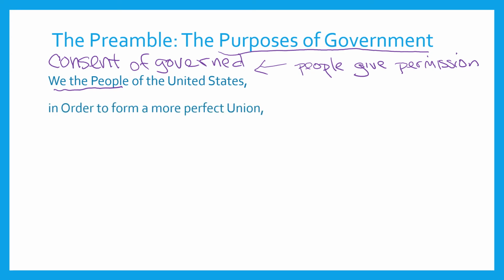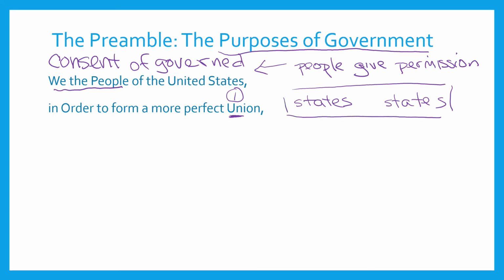In order to form a more perfect union, if you remember from our discussion of unicameral, uni is one. So what we're doing here, we're saying, okay, a purpose of government is to form one country, one nation, and with the uni. So we're taking all of the states we have under the articles and pulling them together so we're actually a country instead of a bunch of individual states.